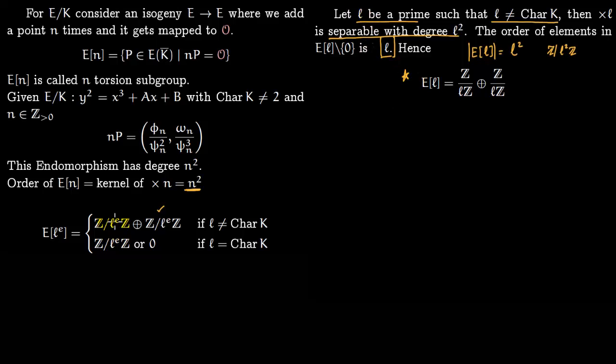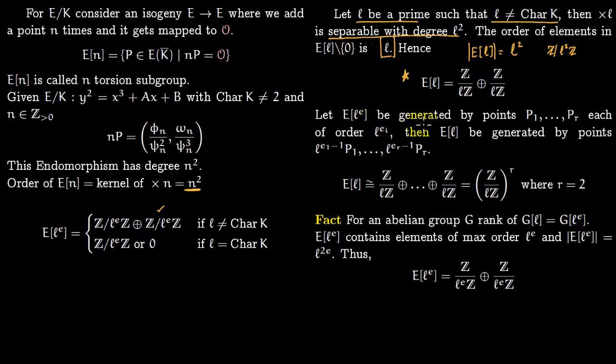So here e was 1. Now we take e as some positive integer. So say this E[l^e] is generated by some points P1, P2, P3 all the way to Pr. Each has order l^(e_i). So P1 has order l^(e_1), P2 has order l^(e_2), Pr has order l^(e_r), and then this E[l] will be generated by the same set of points, but now you just take one less exponent. So l^(e_1 - 1) P1, then l^(e_2 - 1) P2, all the way to l^(e_r - 1) Pr.